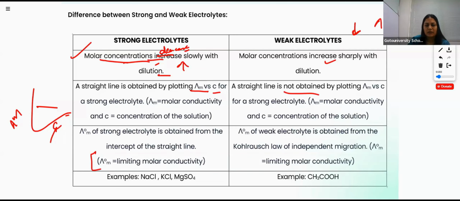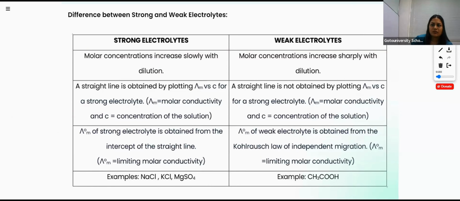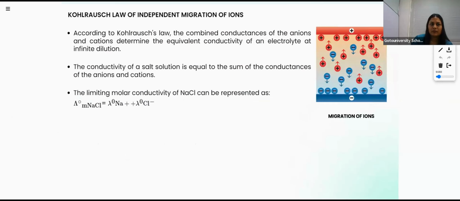Here the limiting molar conductivity of a weak electrolyte is obtained from Kohlrausch's law, that is the law of independent migration of ions, that we will discuss shortly. Okay. Examples of strong electrolytes are NaCl, KCl, magnesium sulfate. For weak electrolytes, it is acetic acid, CH3COOH. Okay. Now, what is Kohlrausch's law? That we have discussed for weak electrolytes, that it is independent migration of ions.